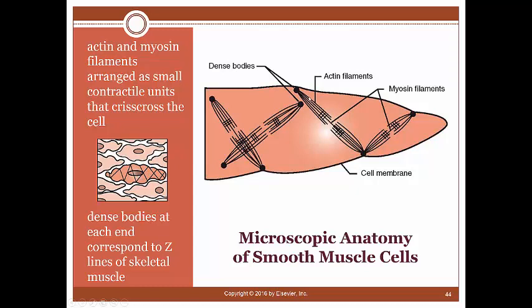This dense body would be about the same thing as a Z-line in skeletal muscle or in cardiac muscle. Your actin and myosin units contract at an angle, and they go all the way across the smooth muscle cell, and they don't line up perfectly. Like I said, they're crisscrossing, and they shrink the size of the cell. So the cell goes from full size to where it physically shrinks all the way around, not just in length, but in width and full diameter.